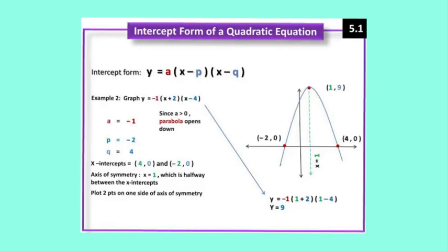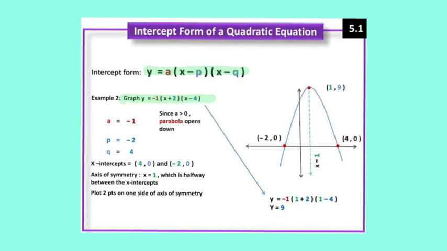The intercept form of a quadratic is written as y equals a brackets x minus p brackets x minus q. If a quadratic is written in this form, the x-intercepts are at x equals p and x equals q. Let's take as an example the graph of y equals minus 1 brackets x plus 2 brackets x minus 4.